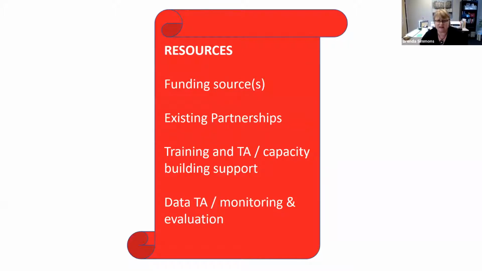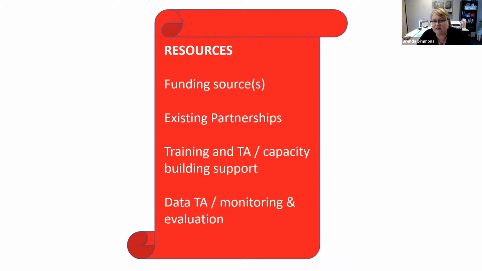You're leveraging existing partnerships, and even though you don't have a researcher evaluator, you're able to find data and have assistance with monitoring and evaluation through groups that do that for different agencies. And oftentimes there are free resources out there.